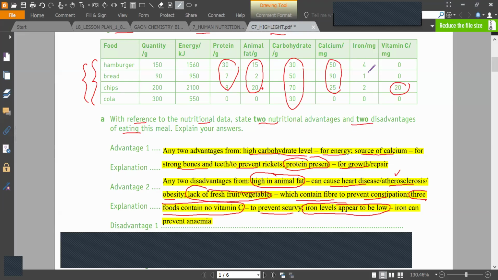We can see here iron compared to calcium is very, very low. Iron is very important for our blood. If we lack iron, we will get anemia, which is a lack of blood in our body. So this is how we can analyze the table to comment on a diet, whether it's good or not.